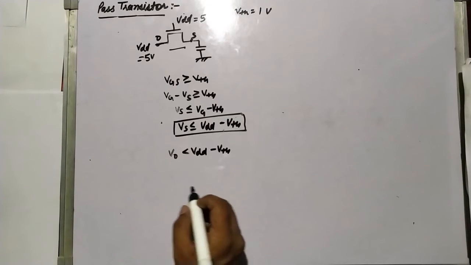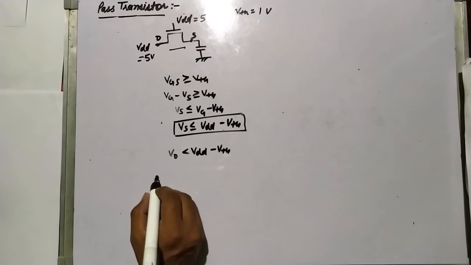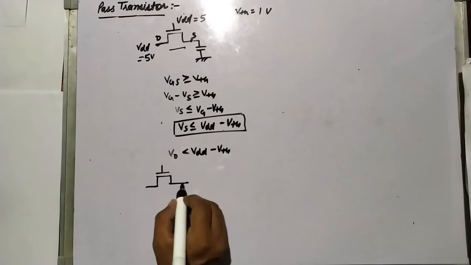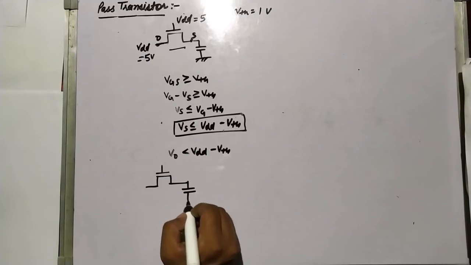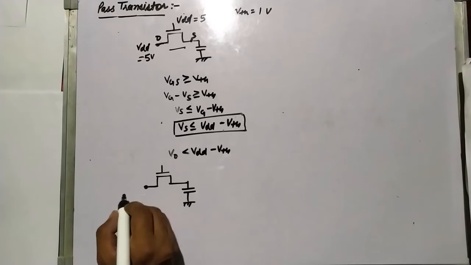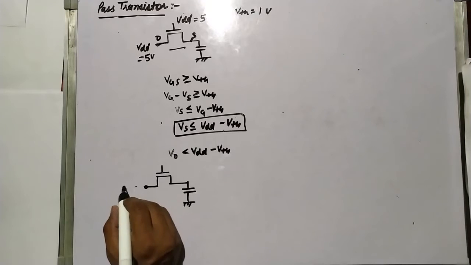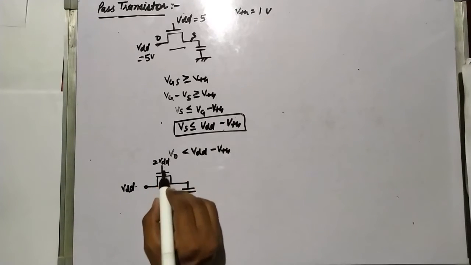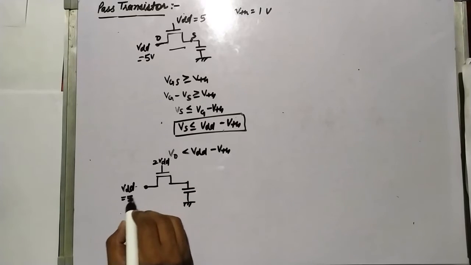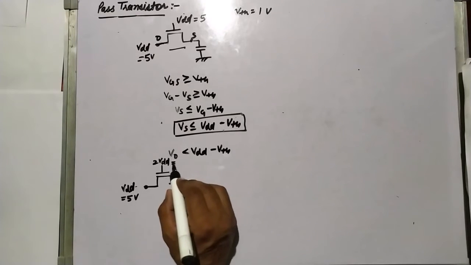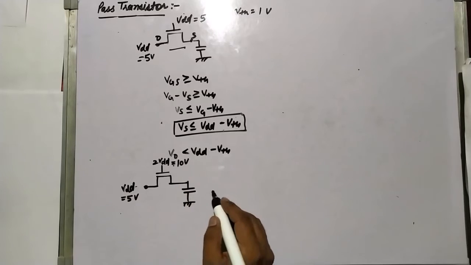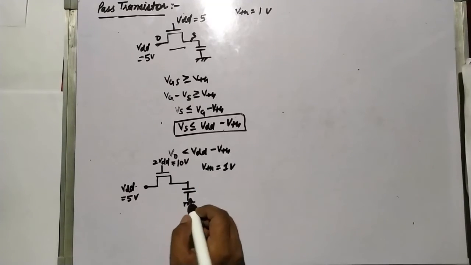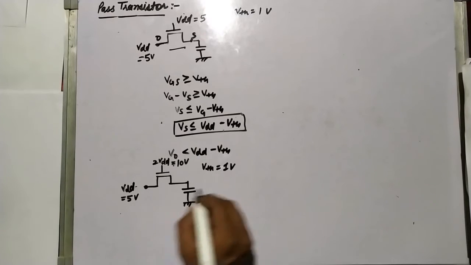I am taking an NMOS pass transistor, and I am taking here VDD, and here 2 VDD. VDD I am taking 5 volt, and there it will become 10 volt, and VTH I am considering 1 volt. So how much will it charge? It will charge up to 5 volt.